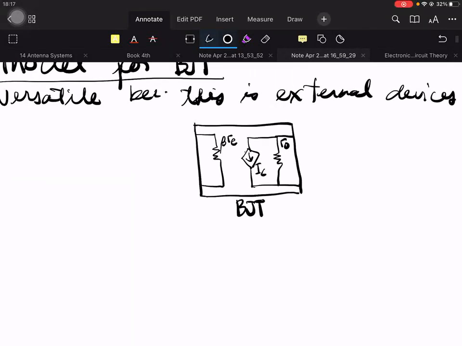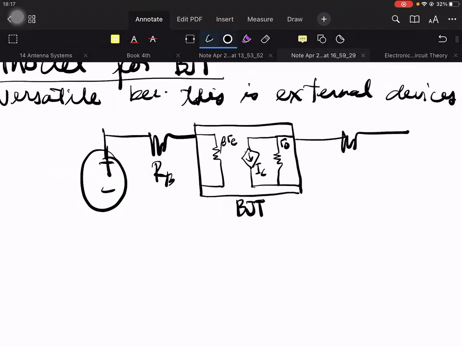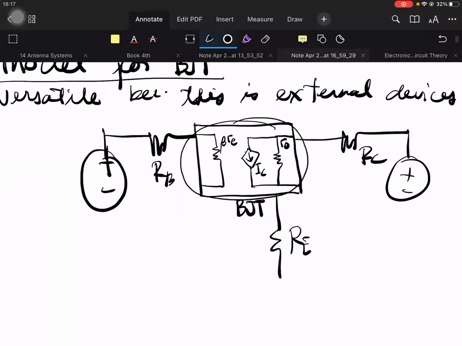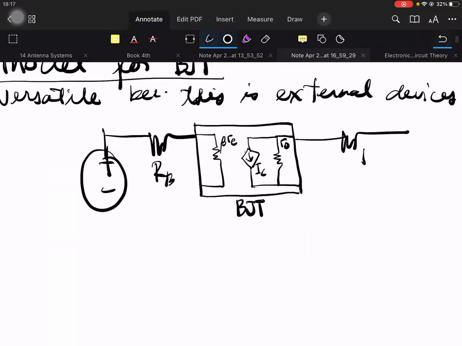So kung fixed bias siya, or even if voltage divider, external pa sa circuit ang atong mga components. I think this is the RB. Naka-disconnect ang RC and the RE. So ang device lang ni siya. This is just the BJT, external pa sa iya ang all the other components.